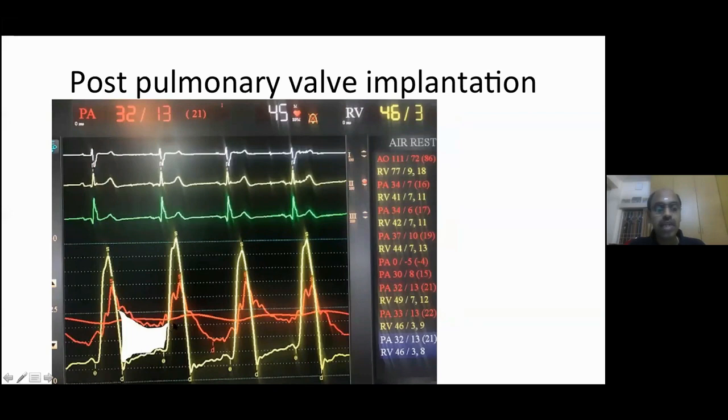This diastolic gradient is the hallmark of a competent pulmonary valve. The advantage of this hemodynamics during a percutaneous pulmonary valve implantation is that instantaneously you will be able to appreciate whether the valve is functioning well or not.